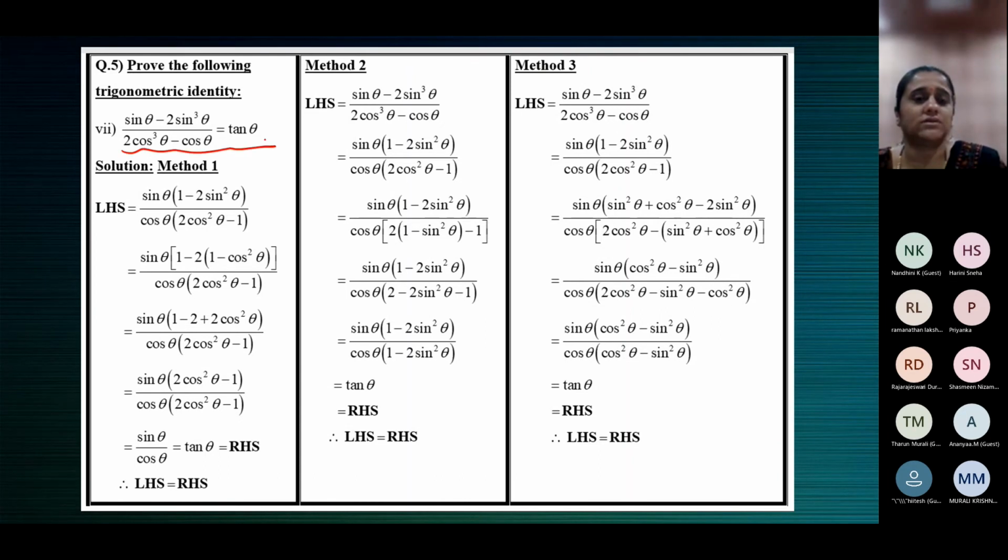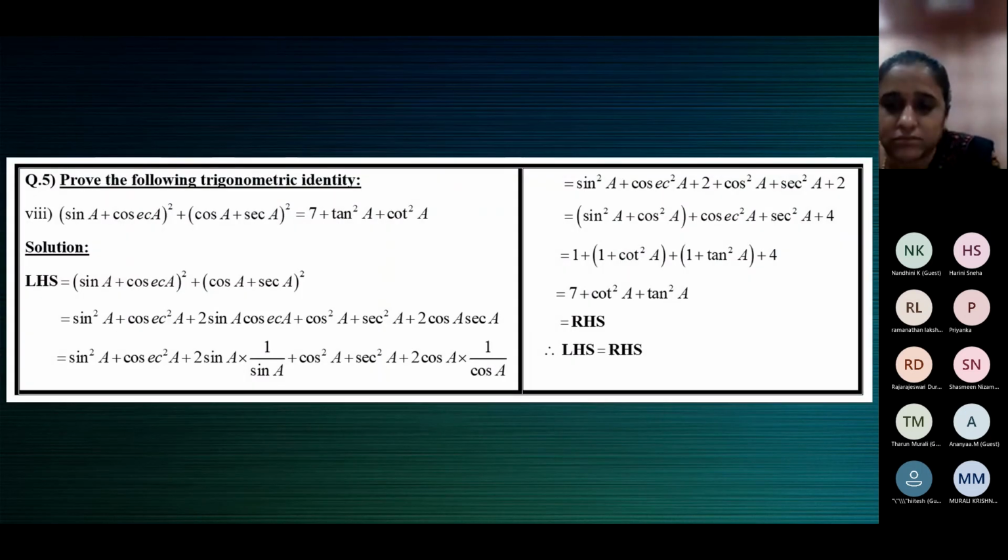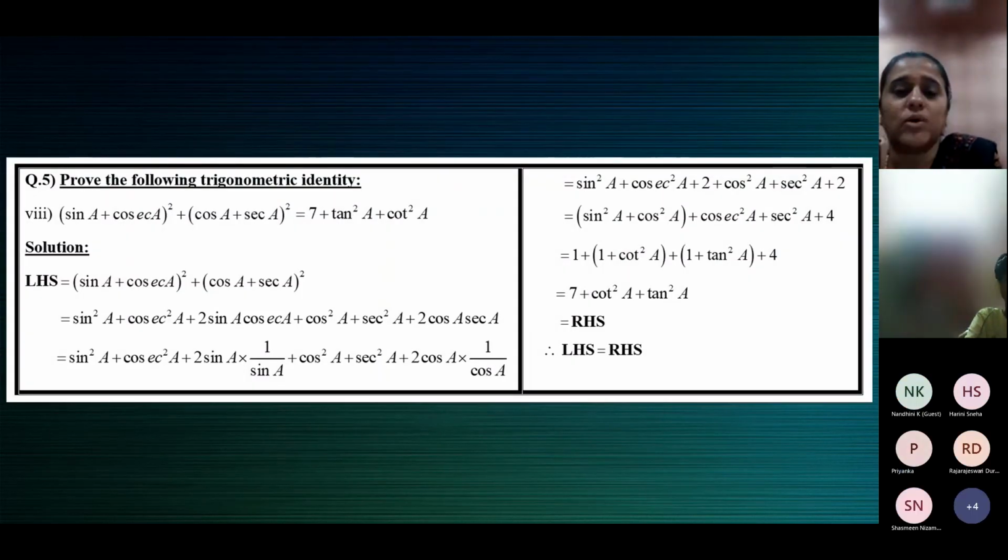We worked it earlier, children, believe me. Please complete this. This one also. I'll explain it. Work it out in your notebook. It's very simple.